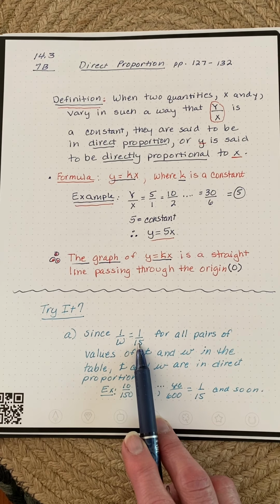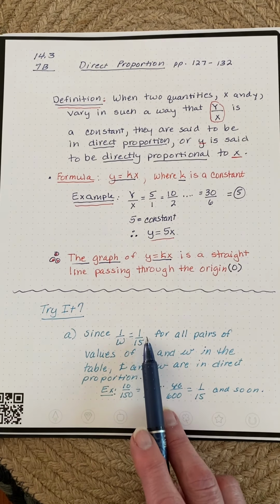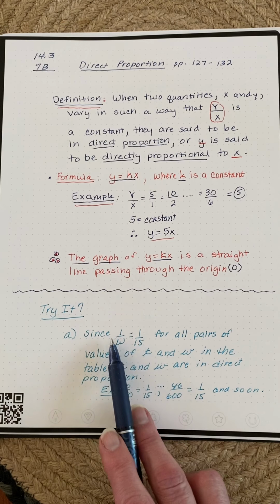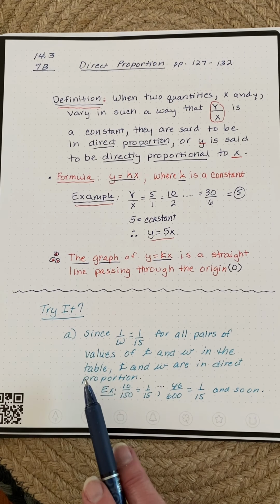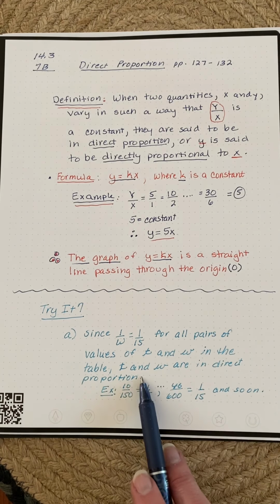As I reduce all those other ordered pairs, 20 over 300 reduces to 1 over 15, as does 30 over 450, and 40 over 600, and 50 over 750. All of them reduce to 1/15. Since it works for all of those pairs in the table, T and W are in direct proportion.